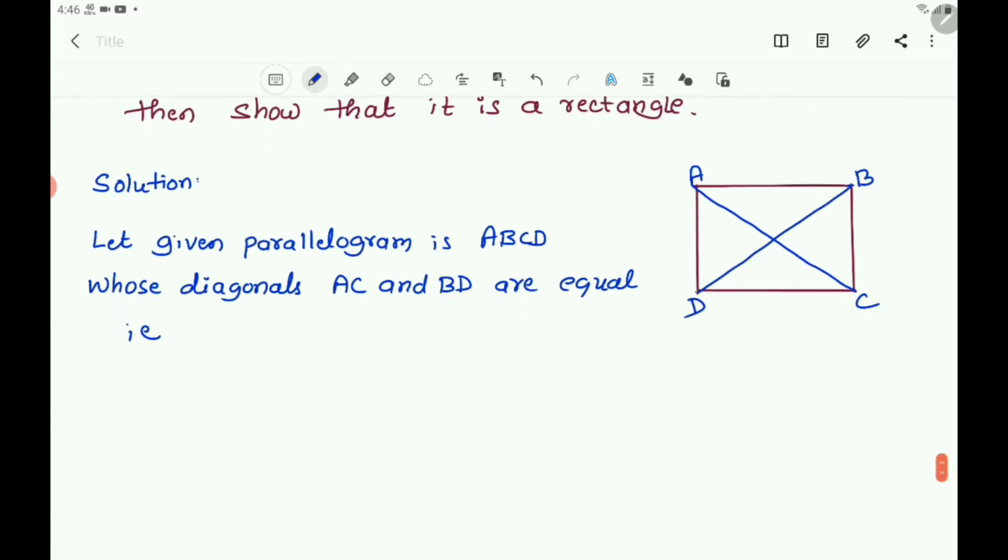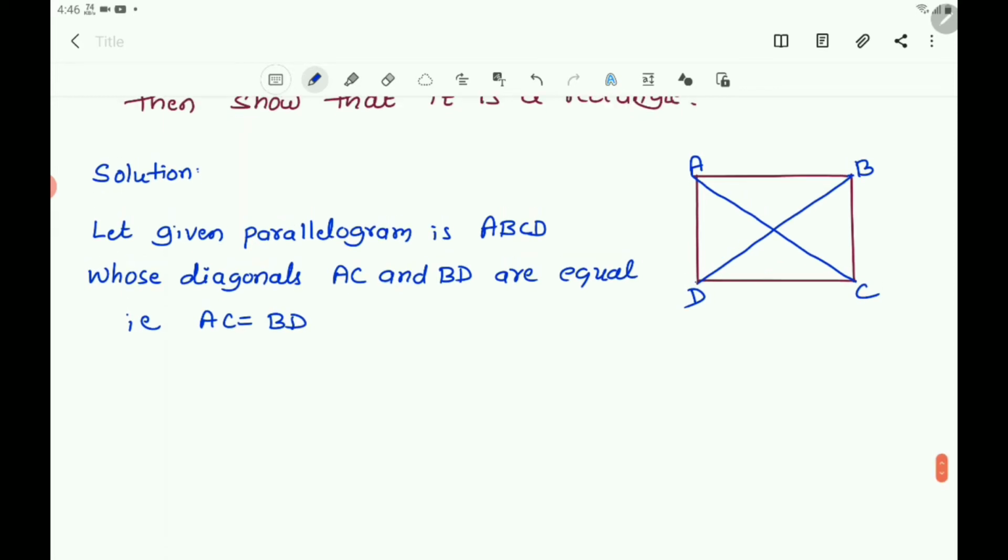That is, the diagonals are AC and BD and they are equal, so AC equals BD. And what do you have to prove? We have to prove that ABCD is a rectangle.